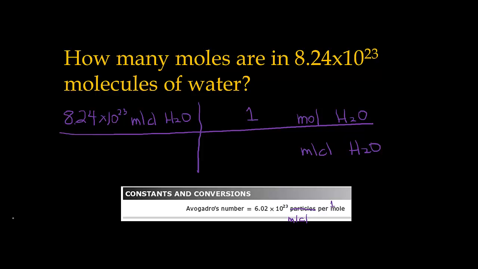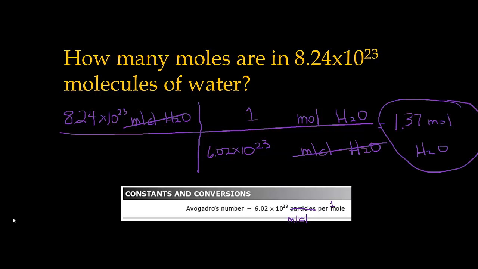So the 1 goes on the top and Avogadro's number goes on the bottom. Our molecules of water go away because we've got 1 on top and 1 on bottom, and we're left with moles, which is what we want, and that ends up being 1.37 moles of water. Now remember, I am taking significant digits here. This has 3, so my answer can only have 3.